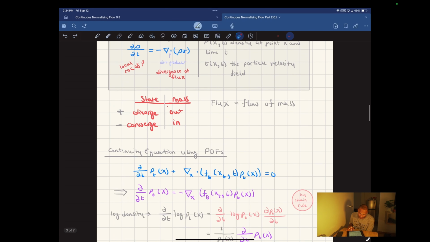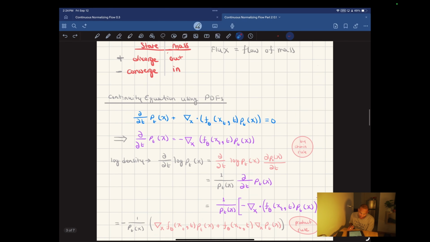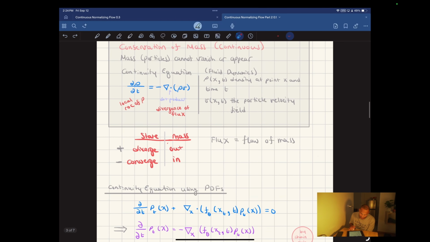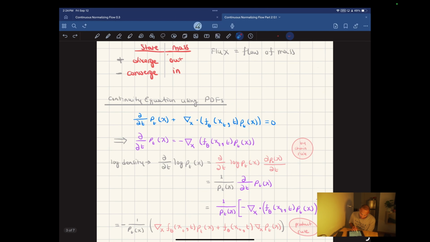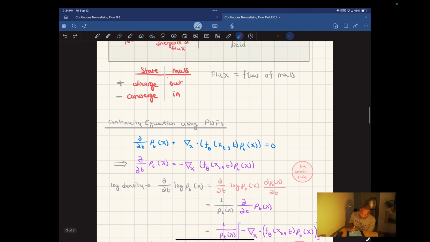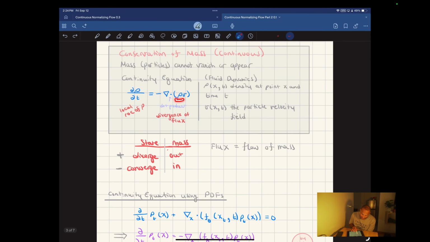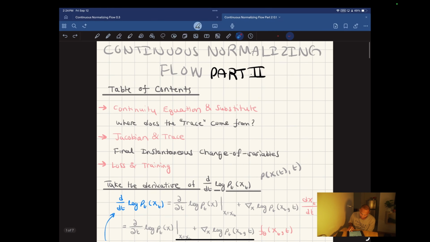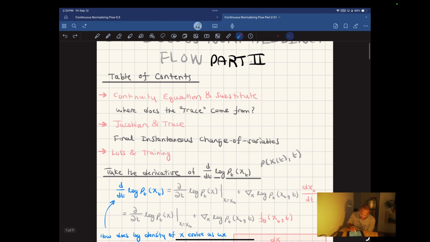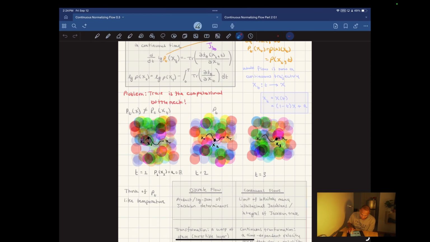So, okay. Now we actually calculate what this partial derivative is. Now we just substitute, right? In our case, rho is P, the probability density P, and V is what? Let's go to my other notes. Part one notes.